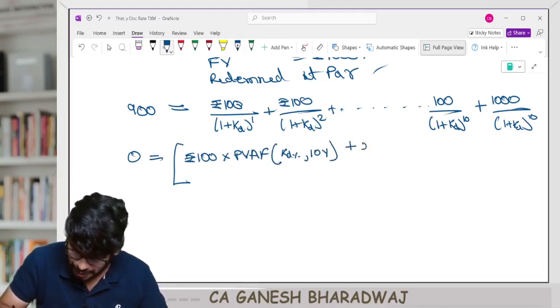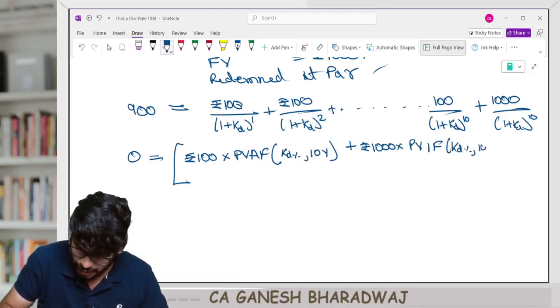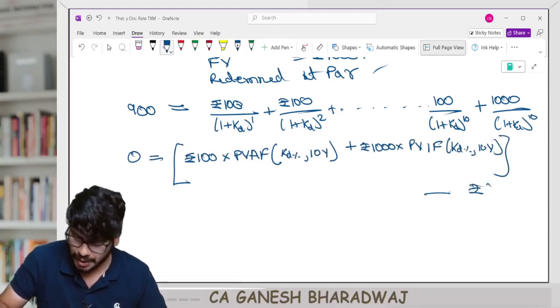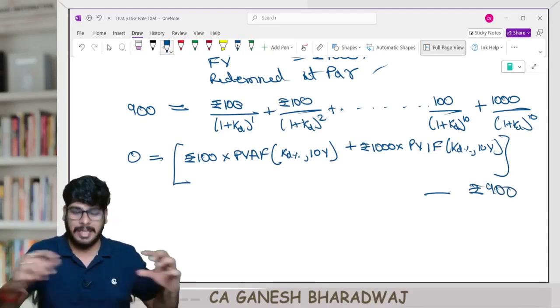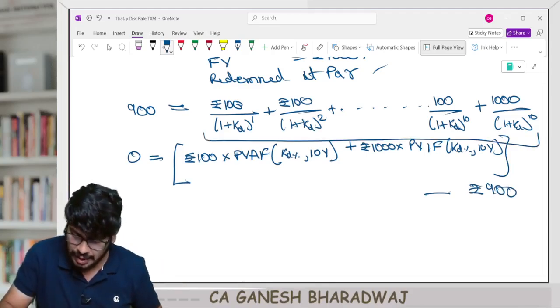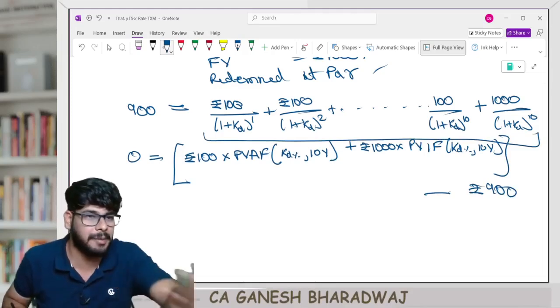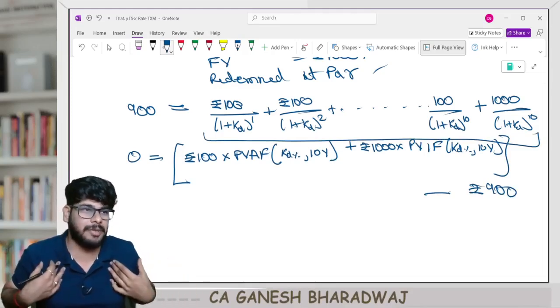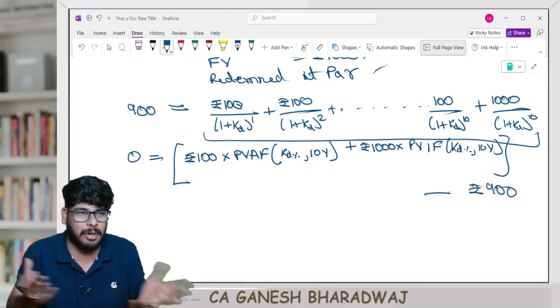Plus rupees 1000 into present value interest factor of KD percentage for 10 years, the whole minus rupees 900. Agreeing on this? This is the cash flow equation. This is the sum total of outflows that I pay, from the perspective of the company. I'm netting off the two, inflow minus outflow.